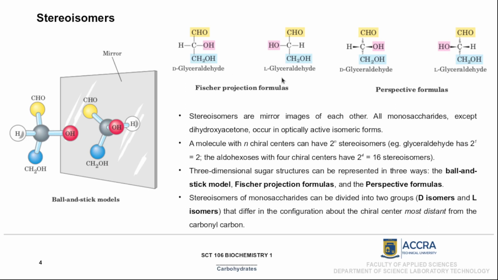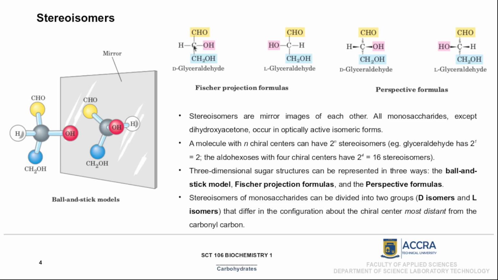If the isomer compared to L-glyceraldehyde has a similar configuration as L-glyceraldehyde, you have that isomer to be the L isomer of that monosaccharide. Then again, you see that you have the central carbon around which you have 4 different groups. This central carbon is called the chiral center.